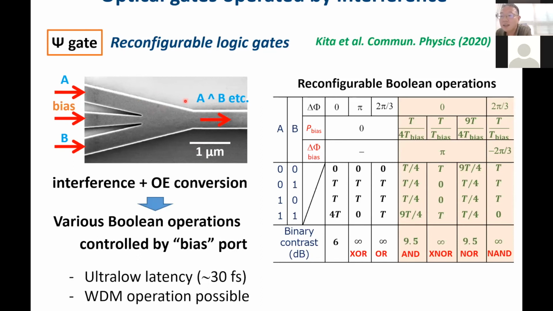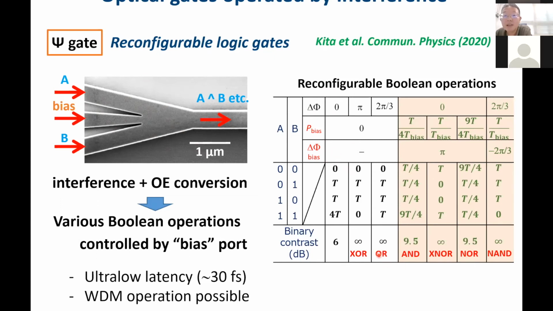And in this device, the interference between A and B is controlled by this bias input. As shown in this table, this same device can perform various different Boolean functions by just changing the power or phase of the bias input.